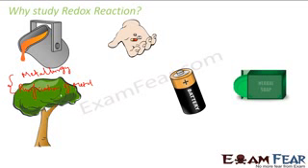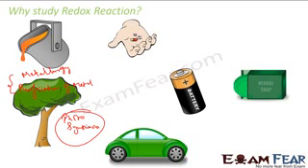If you see the trees, the whole photosynthesis process is nothing but a redox reaction. In a car, the burning of fuel is also a redox reaction. A lot of stuff around us depicts redox reaction. Since we have a huge implementation of redox reaction in our day-to-day life, it is good that we understand what is redox reaction.